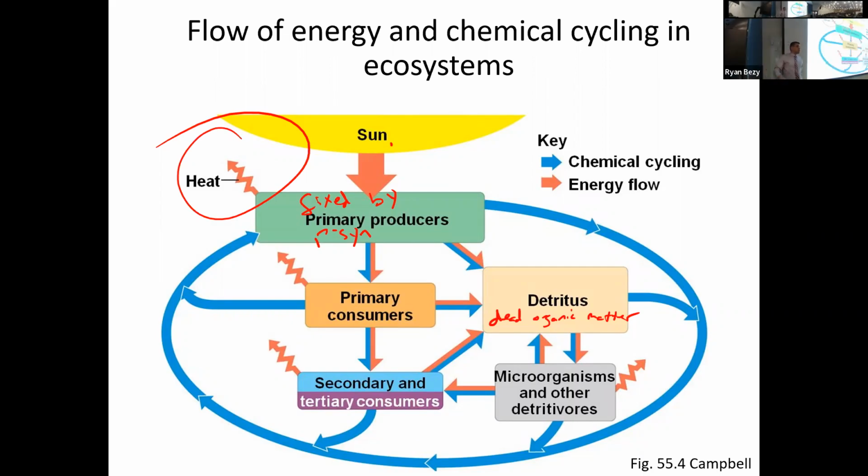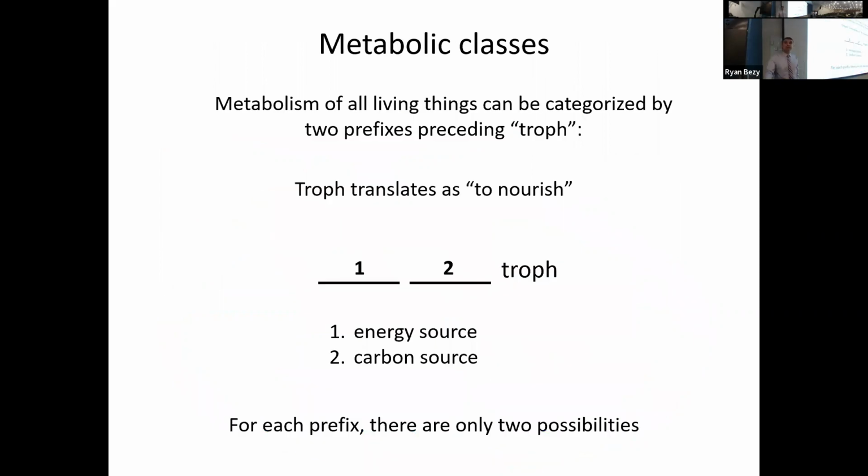All right, here we're really going to be talking about energy processing. Anytime we're talking about energy processing, we're also talking about the metabolism of living organisms. It turns out different kinds of organisms have different metabolic strategies. Different organisms fall into what are called different metabolic classes, where they process energy and chemicals in different ways.